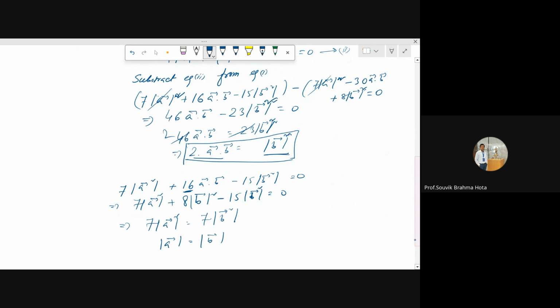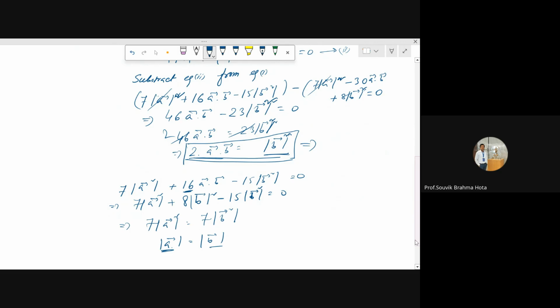That we can consider. Now what should you do? We know one thing, in this equation, 2a dot b is equal to b square. Here if I substitute this, a is equal to b, this concept, what can we consider?